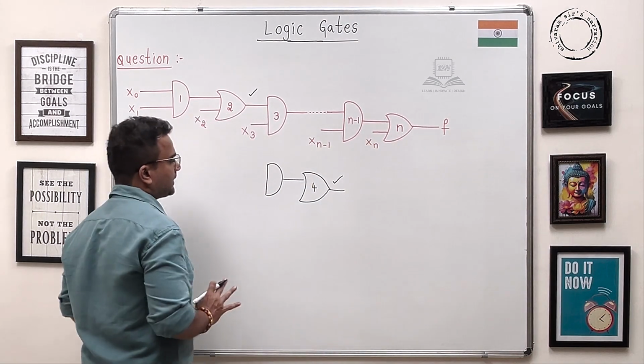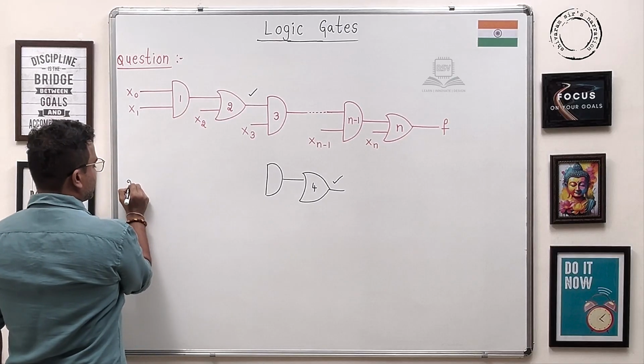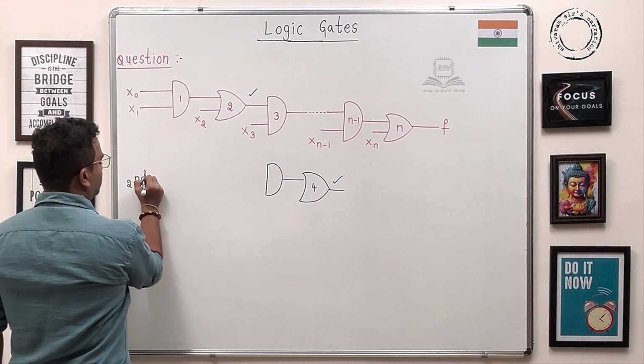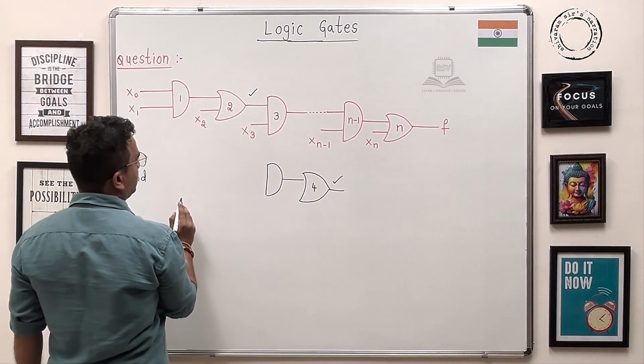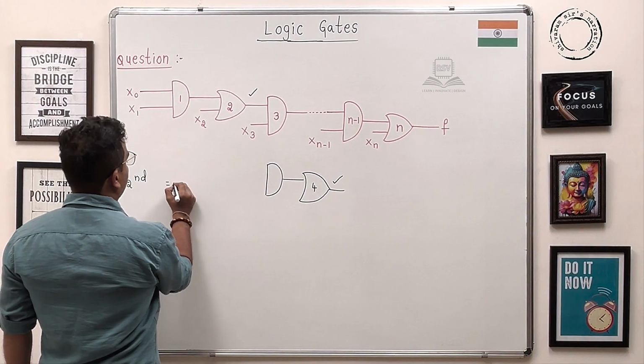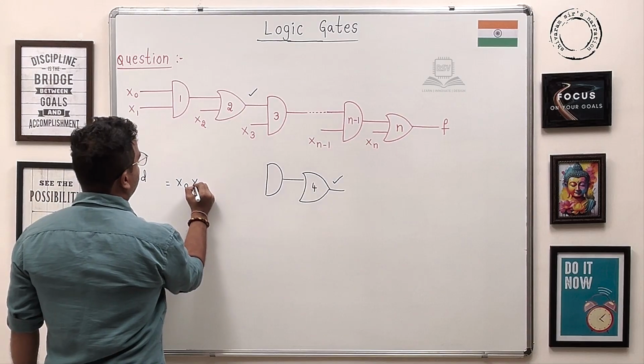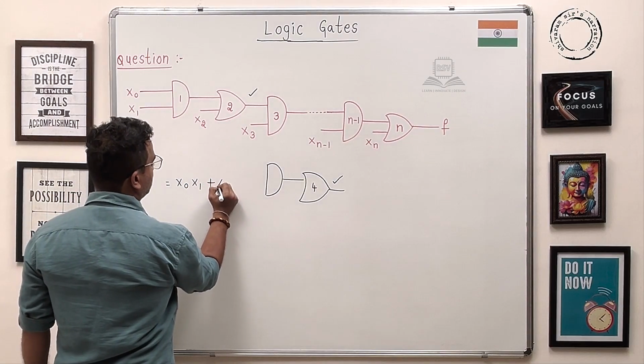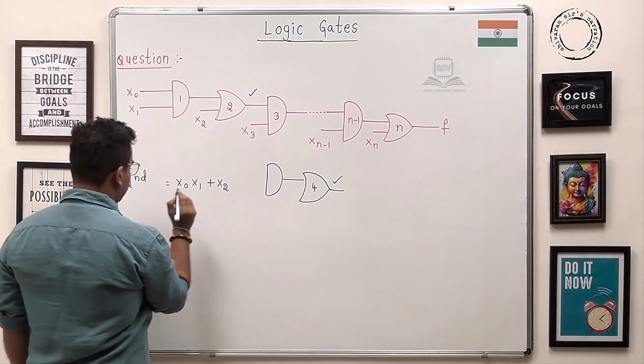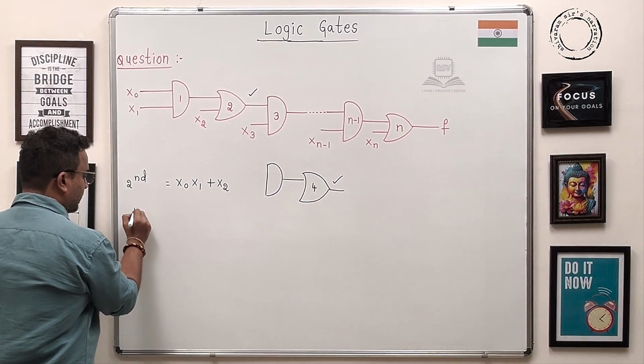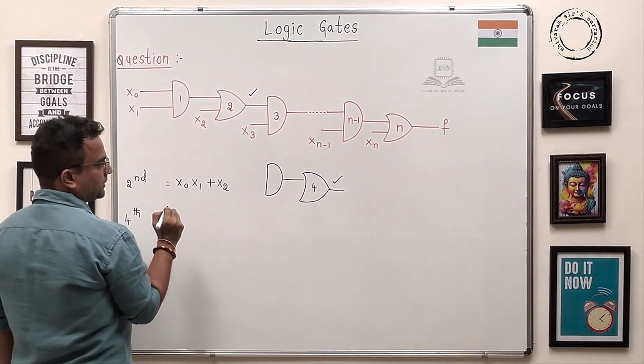Okay, now let's start. First, at the second gate, the output: what will be the expression? That is x0 into (x1 plus x2). Similarly guys, for the fourth gate, what is the expression?